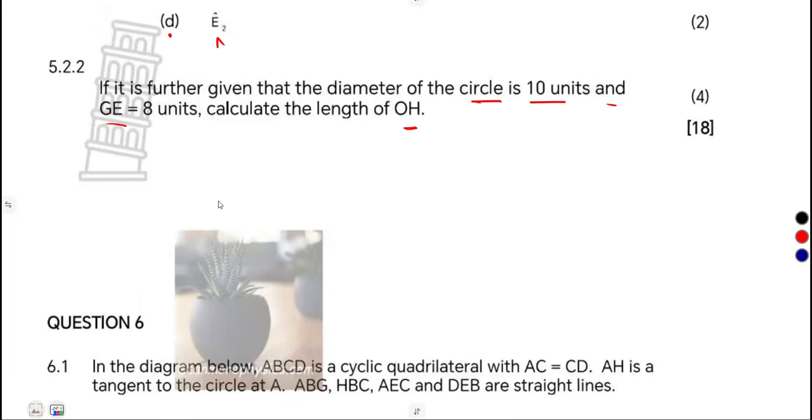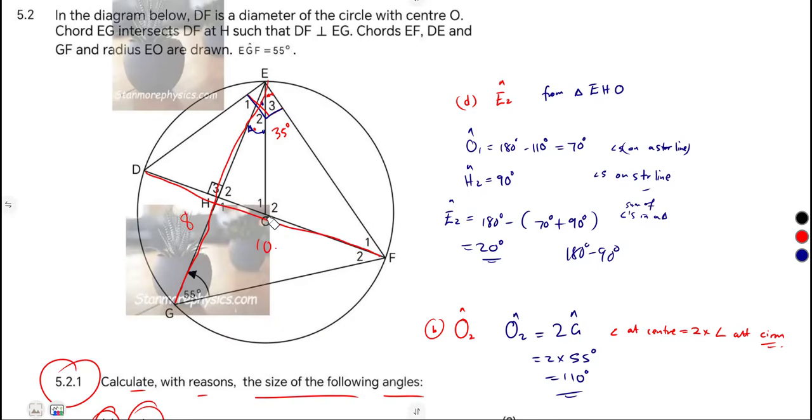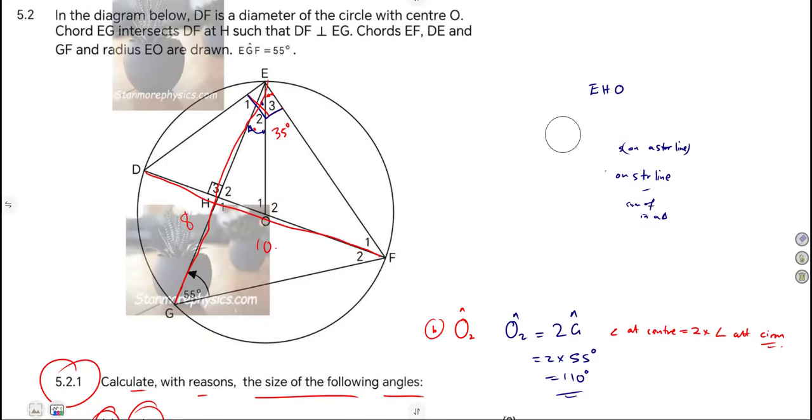Then find the length of OH, from O to H. Let's try to figure out 5.2.2. We need to find the length of OH.